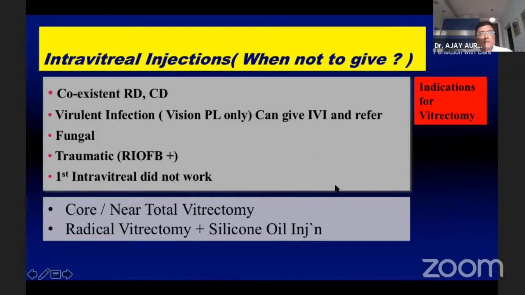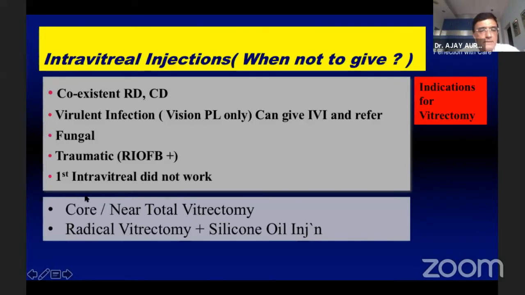So when not to give intravitreal injections is when you have a coexisting retinal detachment or a choroidal detachment; you may have to go in for the vitrectomy immediately. When you have a virulent infection, or you have given an intravitreal injection and it does not work, then you should go ahead with vitrectomy, or if you are suspecting a fungal endophthalmitis, or a phlegmonous endophthalmitis with a retained intraocular foreign body.